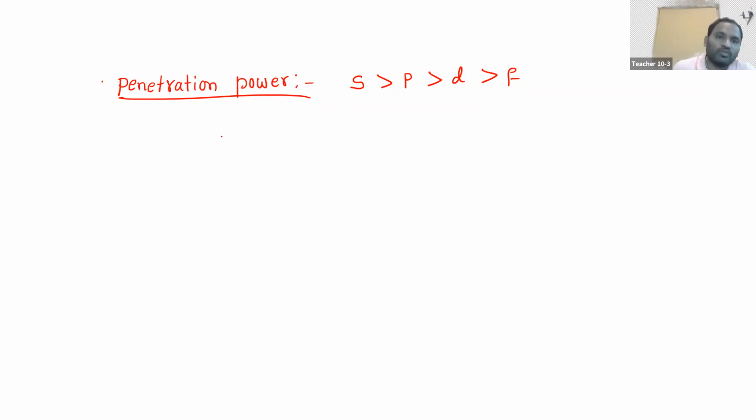Here also I will give one example so that you can understand better. Beryllium and boron. Beryllium atomic number is 4. Boron atomic number is 5. Electronic configuration of beryllium is 1s2, 2s2. Boron electron configuration is 1s2, 2s2, 2p1.